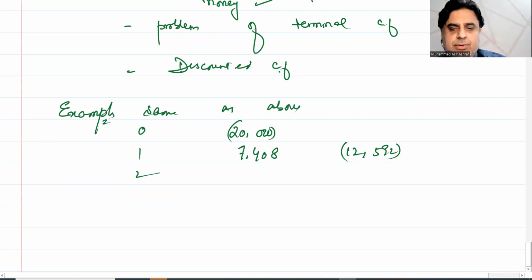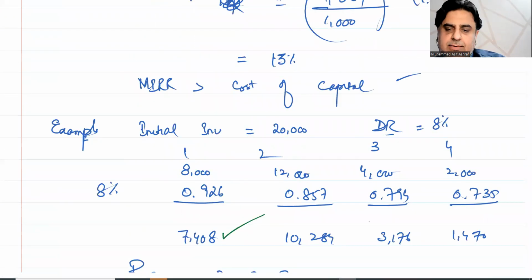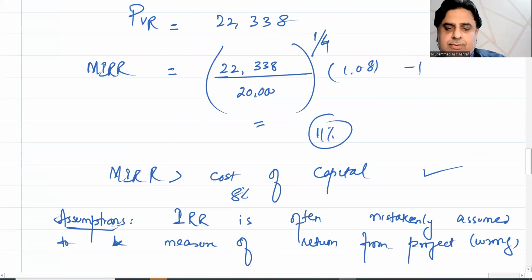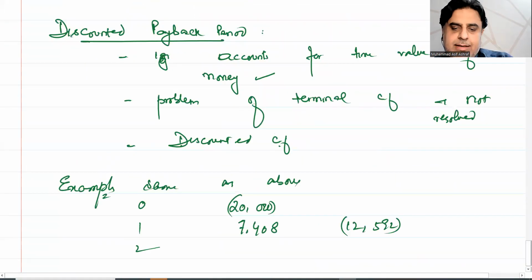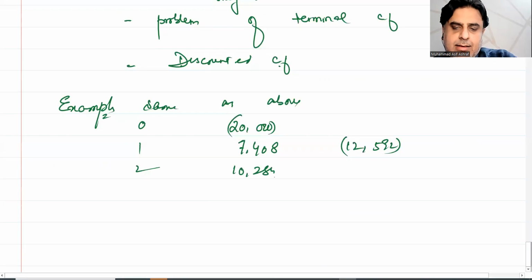In year 2, the cash flow's present value is 10284. So now you are left with 2308. And in year 3, you are in positive. So this means your discounted payback period is between the second and third year.